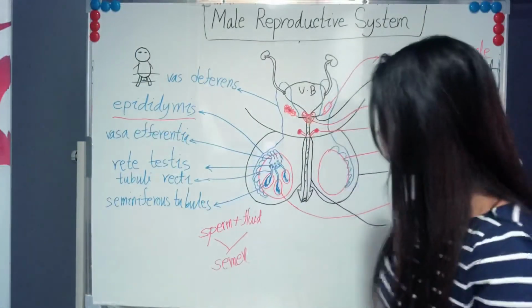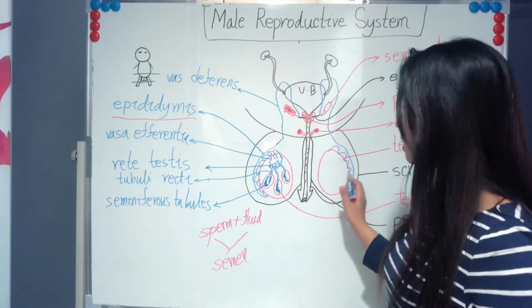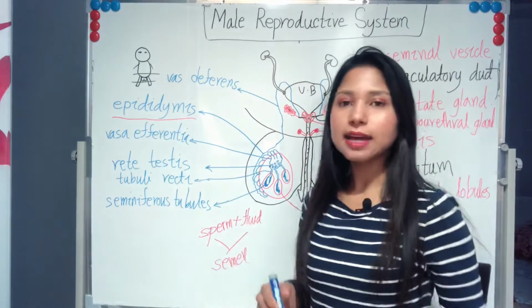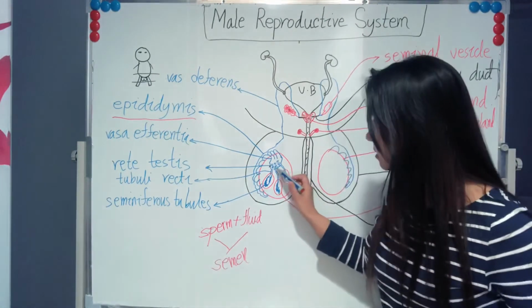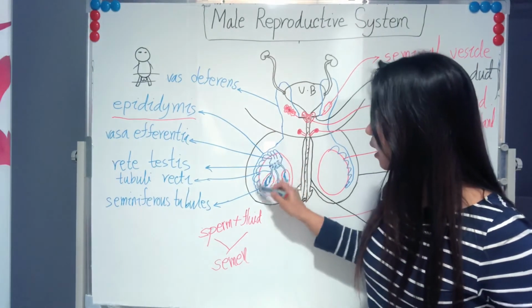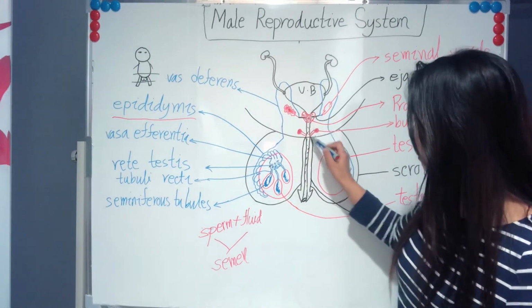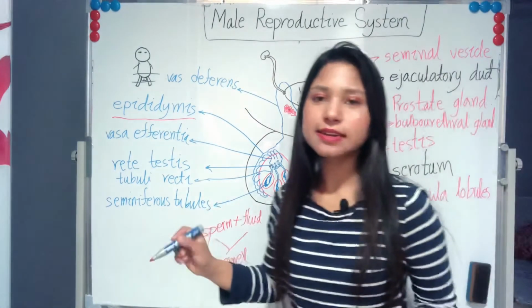So we can say testes are the primary sex organ of male, then accessory ducts: rete testis, vasa efferentia, epididymis, vas deferens, ejaculatory duct, then urethra. These are accessory ducts.